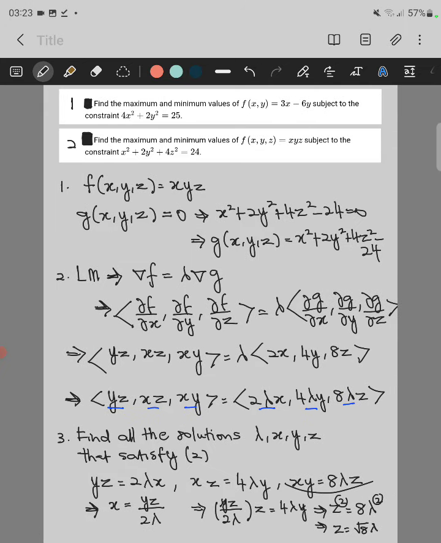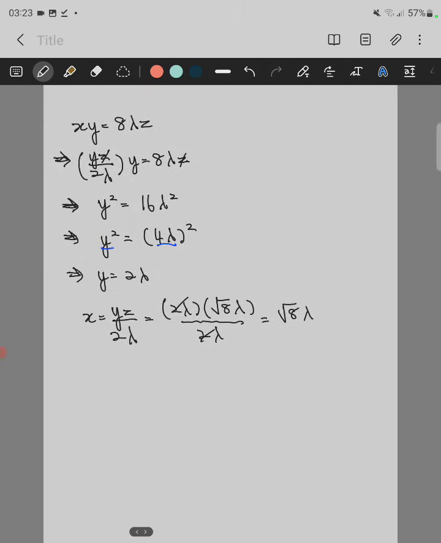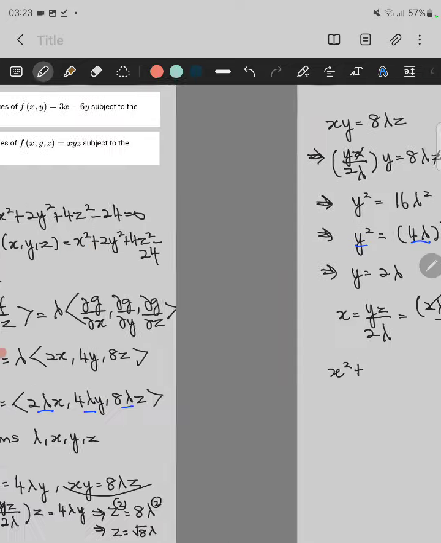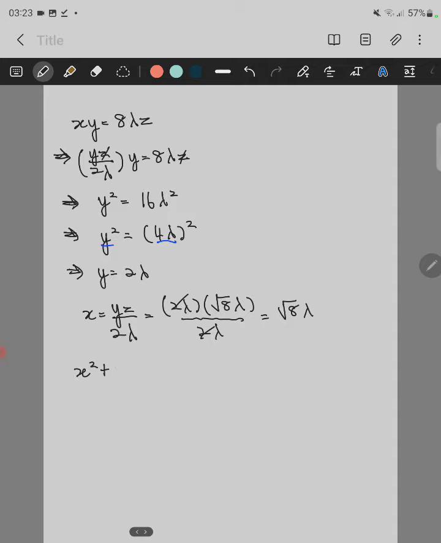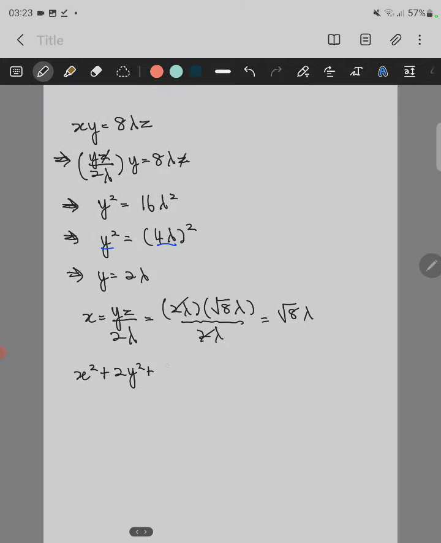Next what we need to do, now we have our constraint here, x squared plus 2y squared plus 4z squared equals 24.